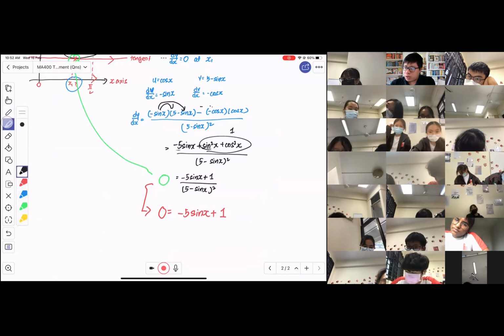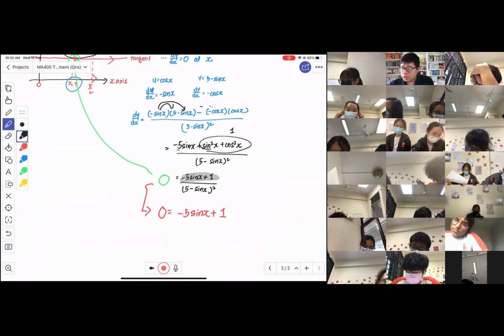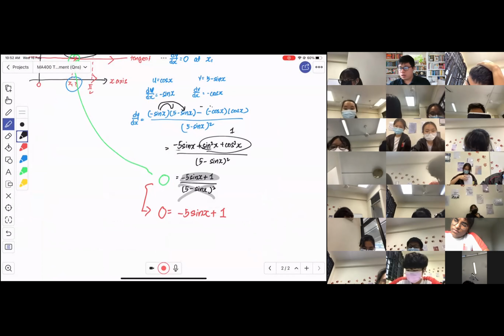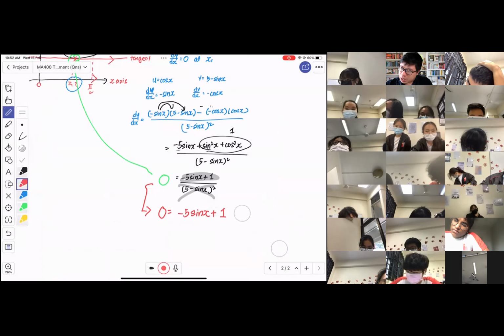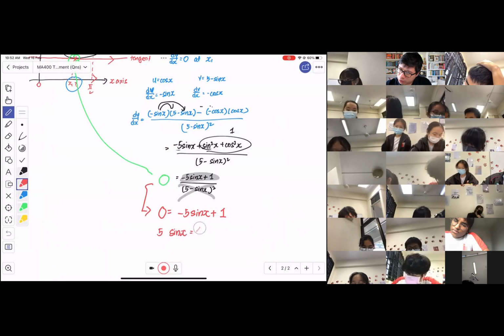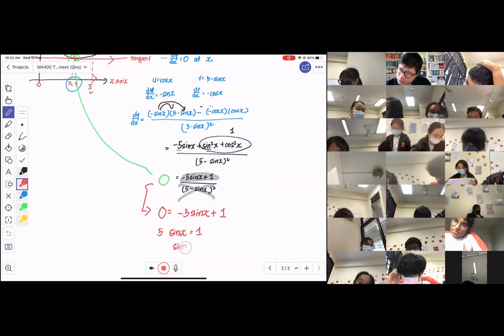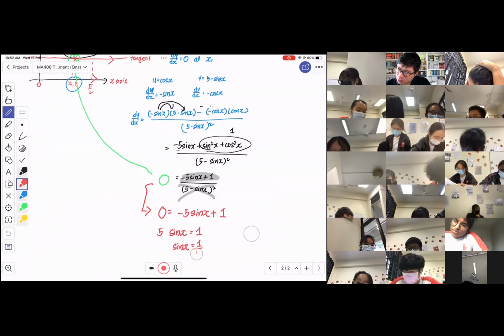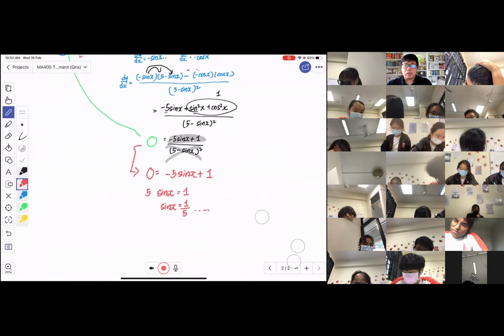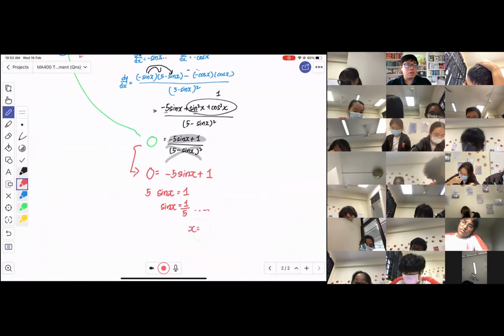Because we only consider the numerator. For a fraction to be 0, only the numerator can be 0. This means that if I simplify, 5 sine x equals to 1. Sine x equals to 1 over 5.